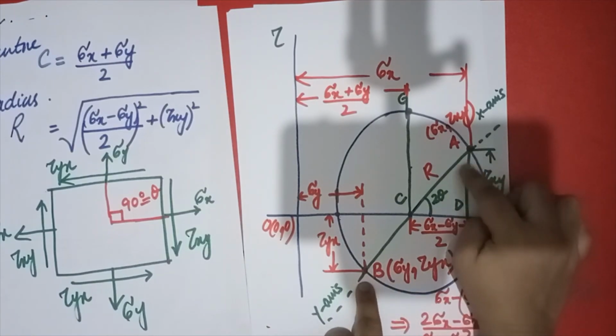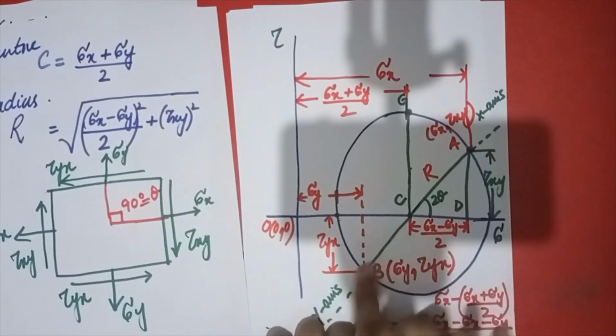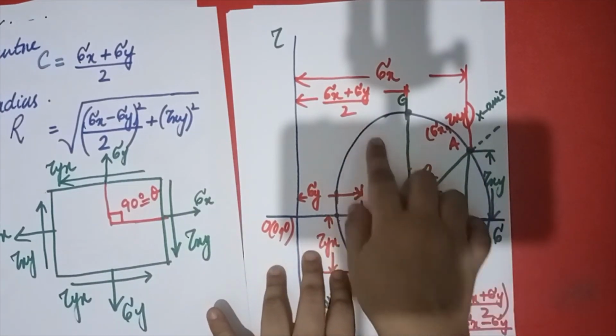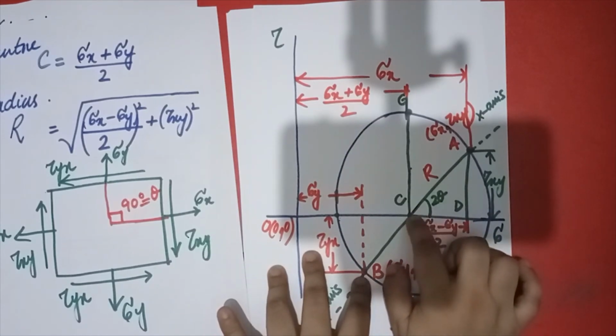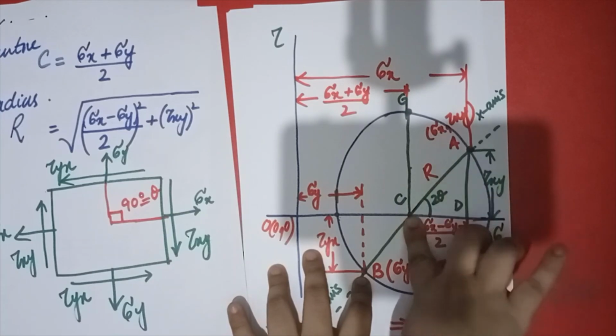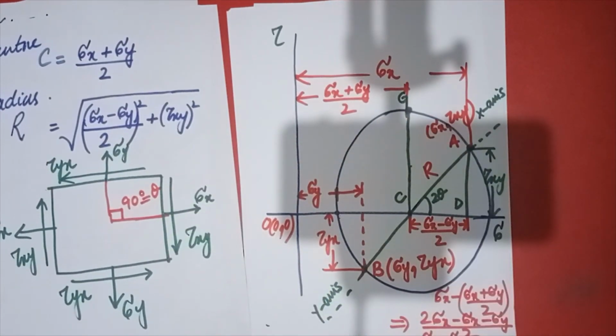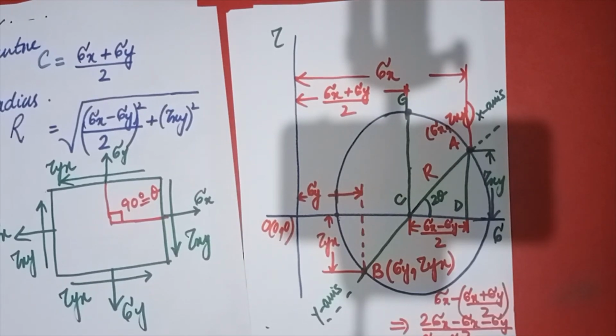Then you join these two points. You have to calculate the value of C from the formula sigma x plus sigma y divided by 2. You will put your pointer here and calculate the radius from the Pythagoras theorem, and then you have to draw this circle. And how can you do all these things? I am going to tell you in the next video.